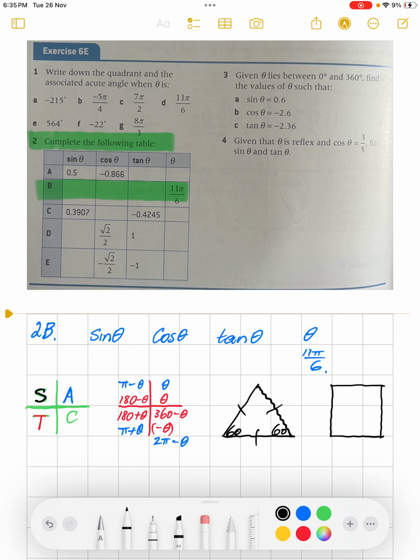And the square is used because the diagonal is 45 degrees, so we're dealing with pi on 4, or we're using pi on 3. For the triangle, we use a 2, 2, 2 triangle. For the square, we use a 1, 1, 1 triangle.